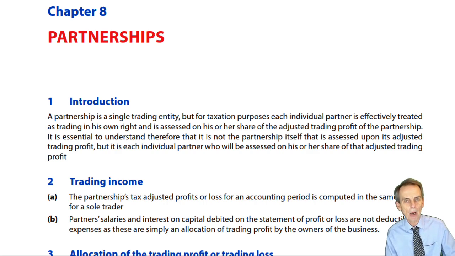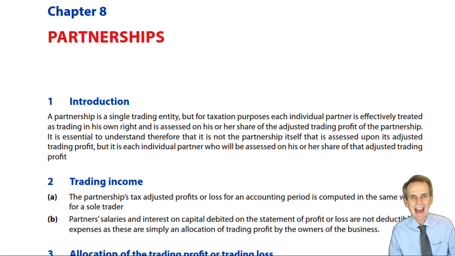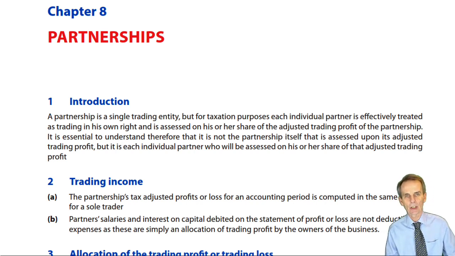It is each partner who will bear their own liability in relation to their share of that tax-adjusted trading profit. In the context of Chapter 7, each partner will be free to claim their share of any tax-adjusted trading loss.